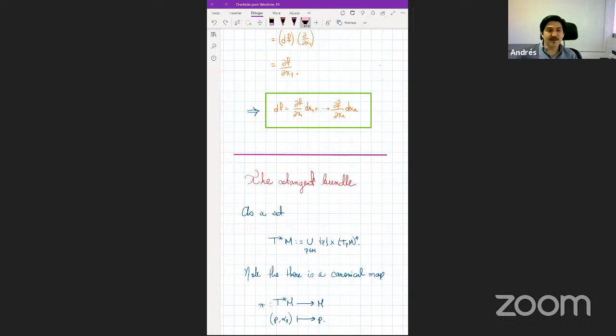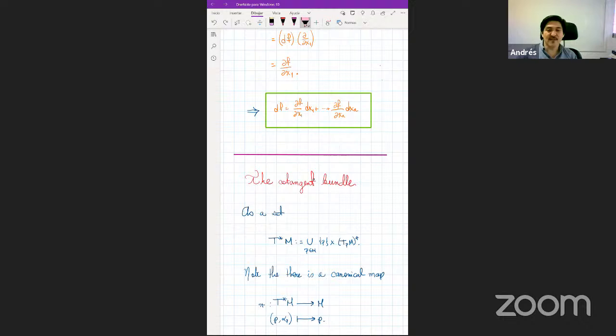So the way to make the cotangent bundle into a manifold, first, we need to give a topology to that set, and it will be given in the same way as we did it for the tangent bundle.